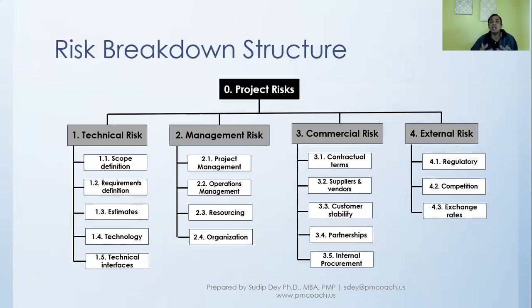It will help us identify the source of risk, so it can be very useful in that. It is not necessary that all organizations will adopt a risk breakdown structure, but if they don't, there might be some other ways to identify the sources of risk.